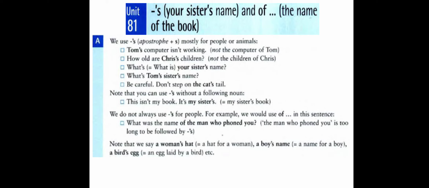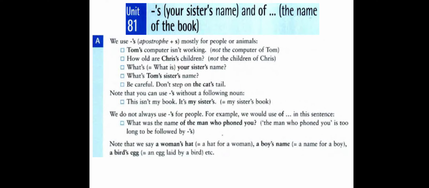The man who found you is too long to be followed by apostrophe plus S. That's why we use of here. So it becomes the name of the man, not the man's who found you name.